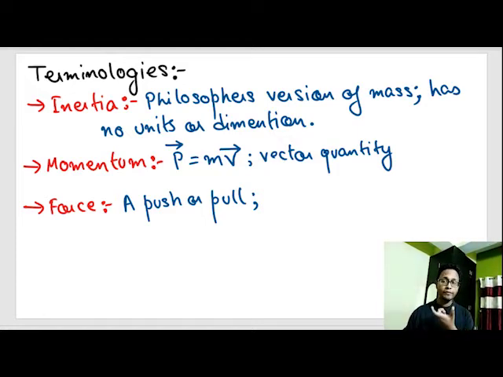Now one more thing you have to remember. To apply force, the bodies do not necessarily have to be in contact. That means I do not have to touch this duster. Not exactly a very good example. You have seen magnets attract each other. If I keep two magnets side by side, they'll tend to move, changing their velocity. That means acceleration is happening. If acceleration is happening, force is applied on those bodies. Those are called electromagnetic forces. The magnets are not touching each other.